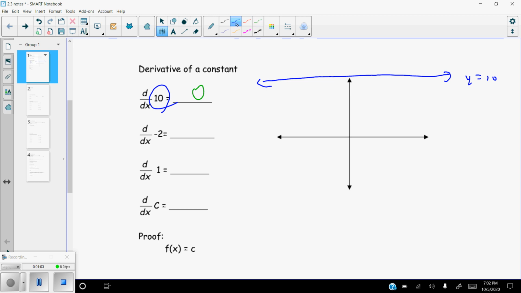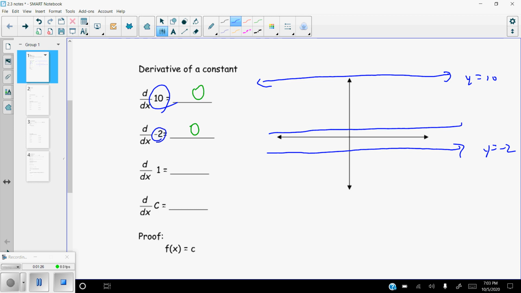In the next one, the derivative of -2. Once again, that's like y equals -2, so maybe that's right here. Once again, that is a horizontal line, and the slope of a horizontal line is 0. The next one, the derivative of 1. Once again, a horizontal line.